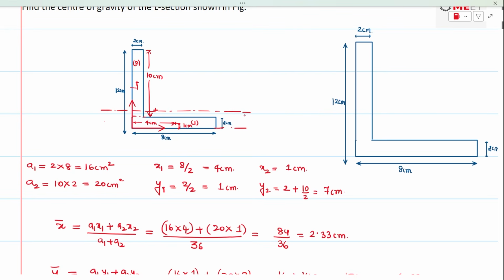This distance would be 4.33 centimeters, and from the y-axis the distance would be 2.33 centimeters. So for unsymmetrical objects, both x and y coordinates will be determined.